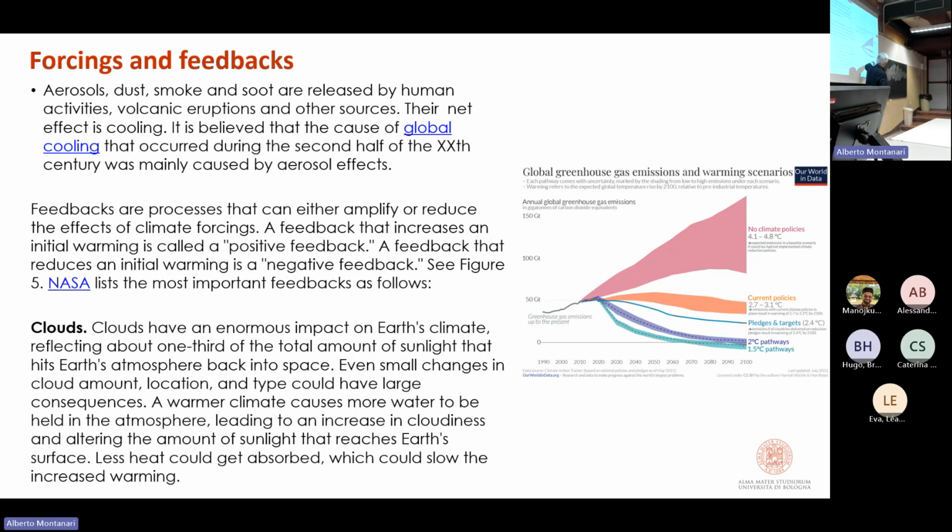And then there is another scenario that is corresponding to meeting future target of max global temperature increase. So this is the scenario for the target 2.4, which means max 2.4 of increase of global temperature with respect to 1850. And then the last one is the 1.5 pathway. The 1.5 target was fixed by the Paris Agreement in 2015, I think.